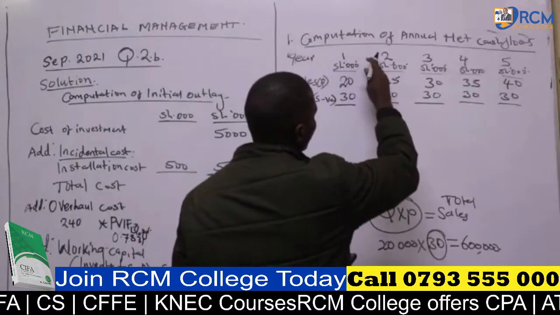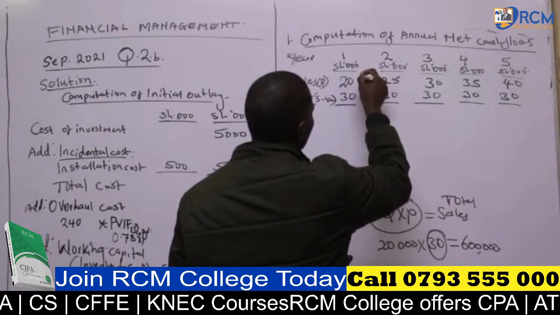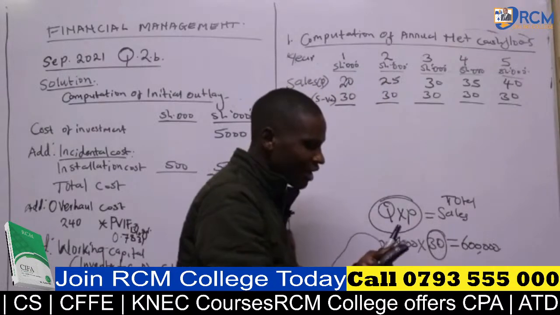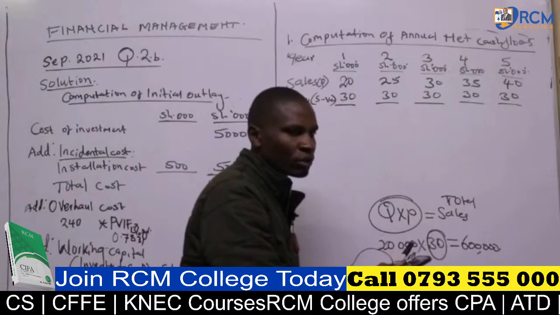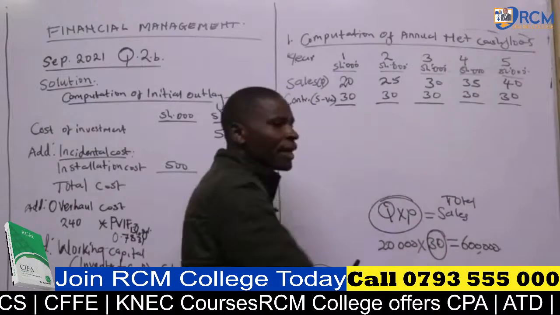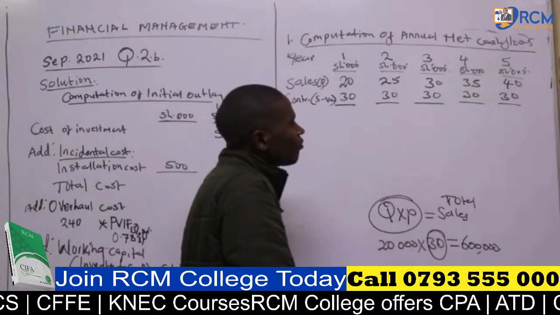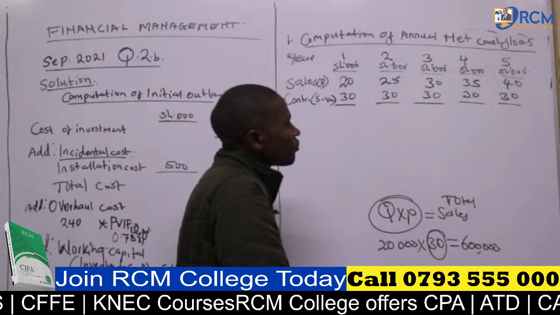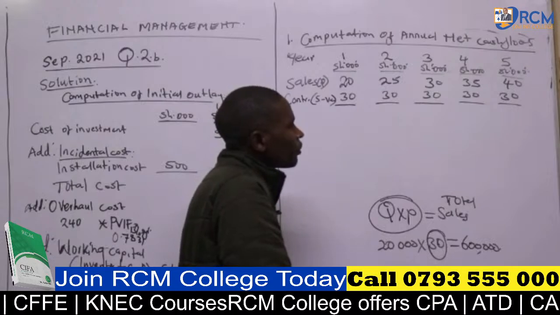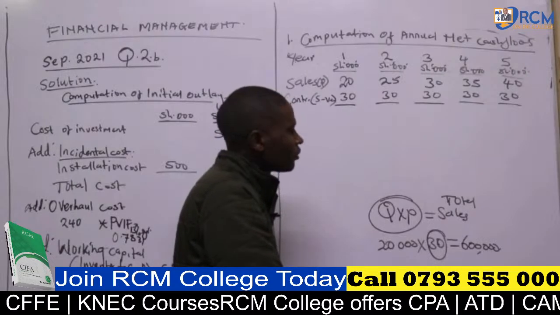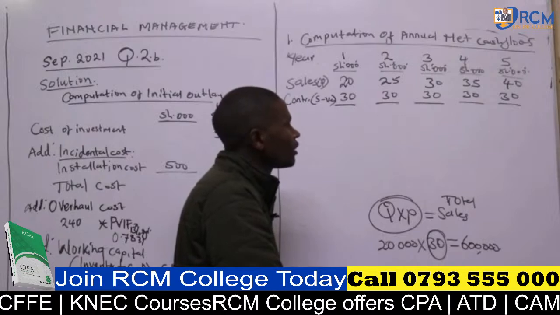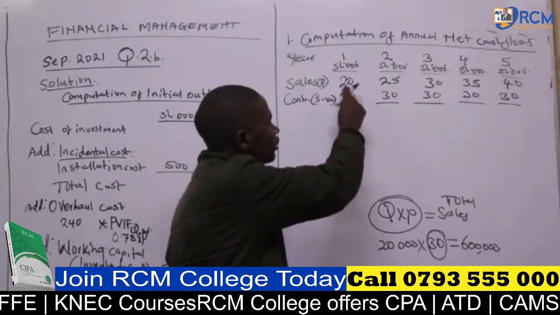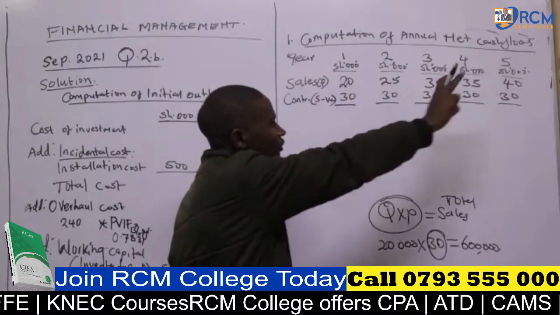So just know that contribution is just in shillings. This I just put for the sake of our units, and any other item, like maybe fixed cost, so that I don't have very many zeros. Otherwise, you can eliminate it. But for me, I just understand that contribution is given in shillings. So this is that shilling, 30 throughout.